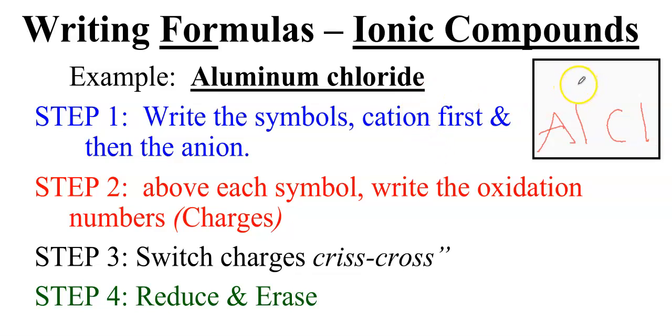Aluminum has a set charge because it's in that exception block of +3. Chlorine has a set charge of -1, and they crisscross. So crisscross and jump down. The 3 will come down, and the 1 will come down. There's our crisscross. And then reduce and erase.